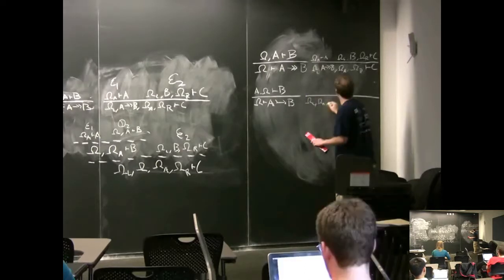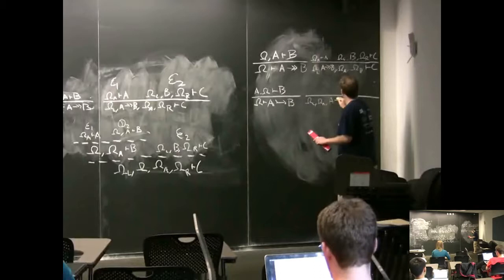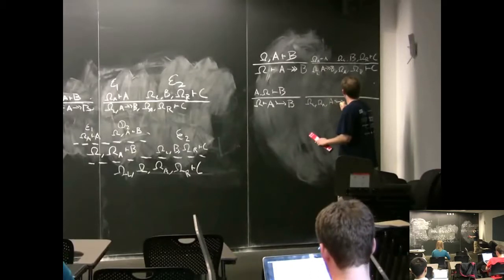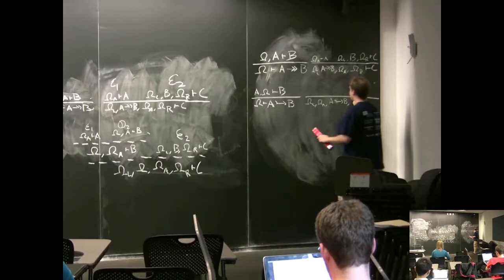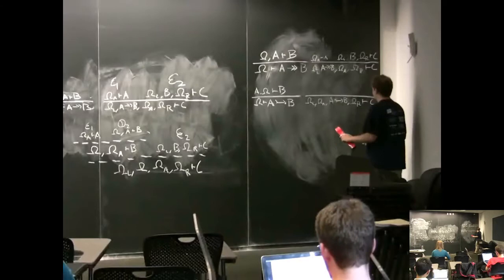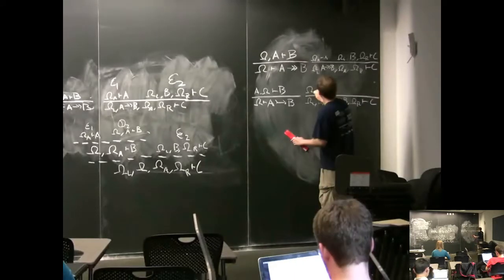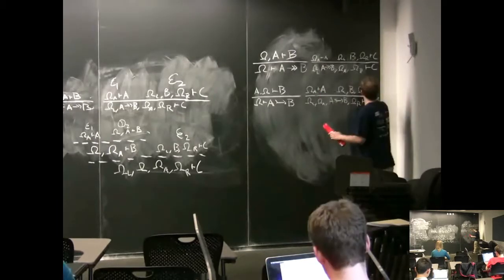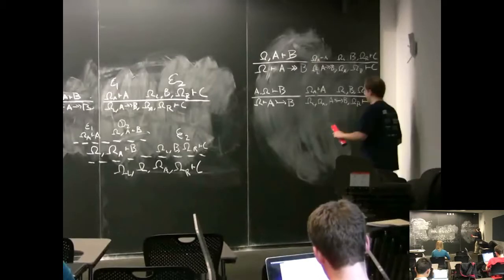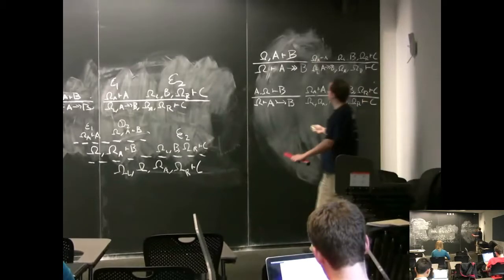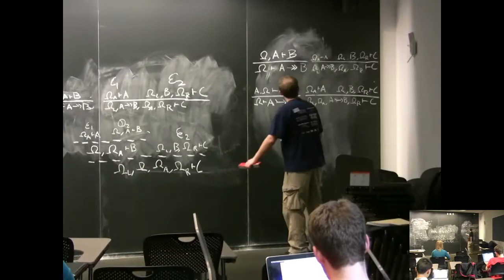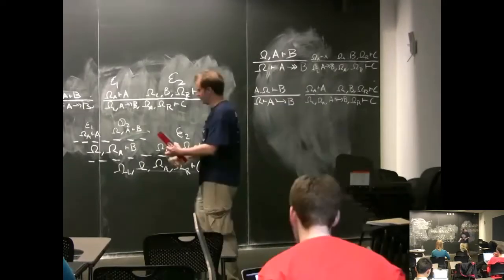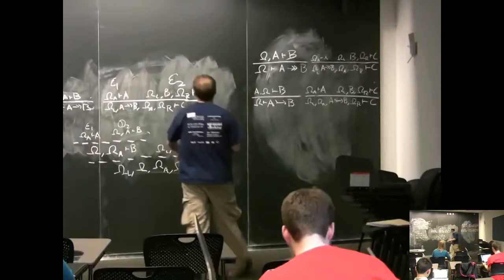So omega left, omega A left implies B, omega right proves C, if omega A proves A, and omega left, B, omega right proves C. OK, I won't go through the cut elimination proof of that because it's just the transposed version of this one.